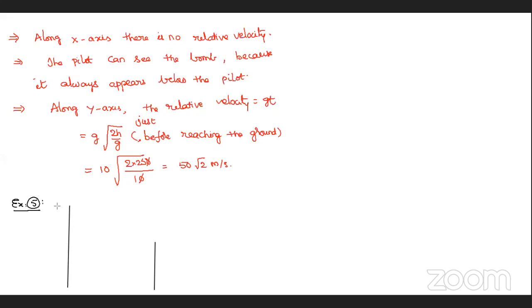This is the question. From the top of a tower, here one stunt master leaves a hill from the edge, with the velocity u equal to 108 kmph.